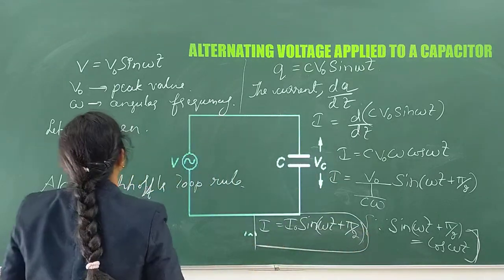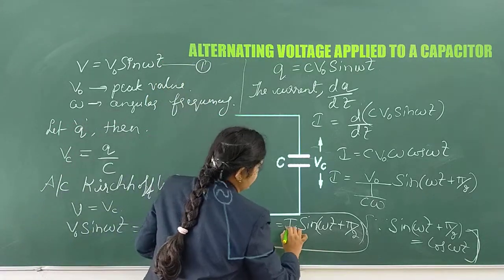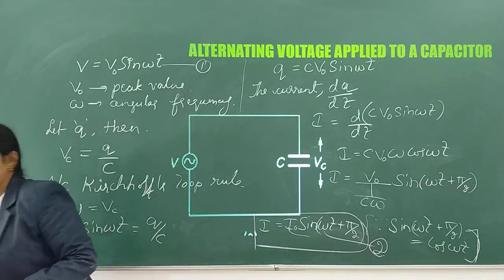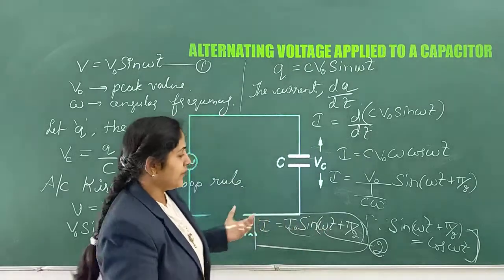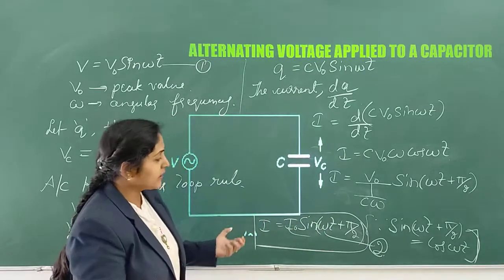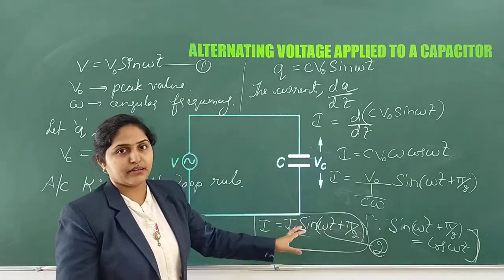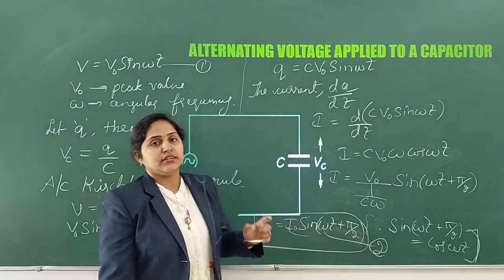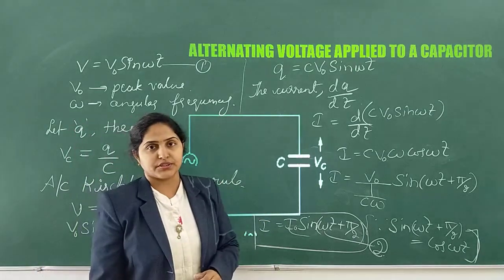So this is the first equation, and this is equation 2. From equation 1 and 2, we can conclude that the current leads the voltage by 90 degree or pi by 2, or voltage lags behind current by 90 degree or pi by 2 in a pure capacitive circuit.